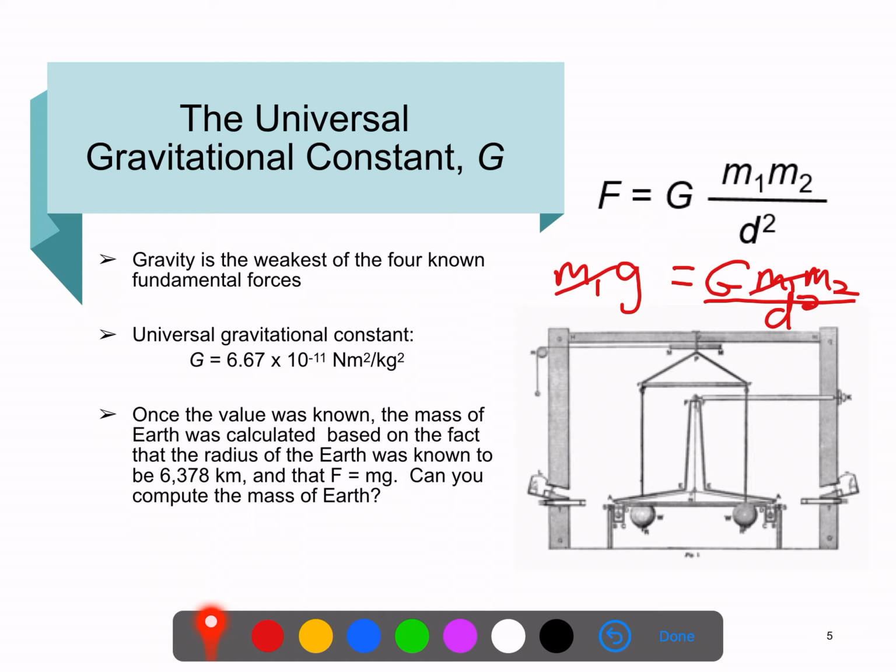And so we can set this force of gravity equal to this force of gravity, and the distance between, say, you and the center of the Earth is effectively the radius of the Earth. So that's going to be your d for your distance squared. And then, since you already know what the acceleration rate of gravity is, right, this is your 9.8 meters per second squared that we've discussed before.